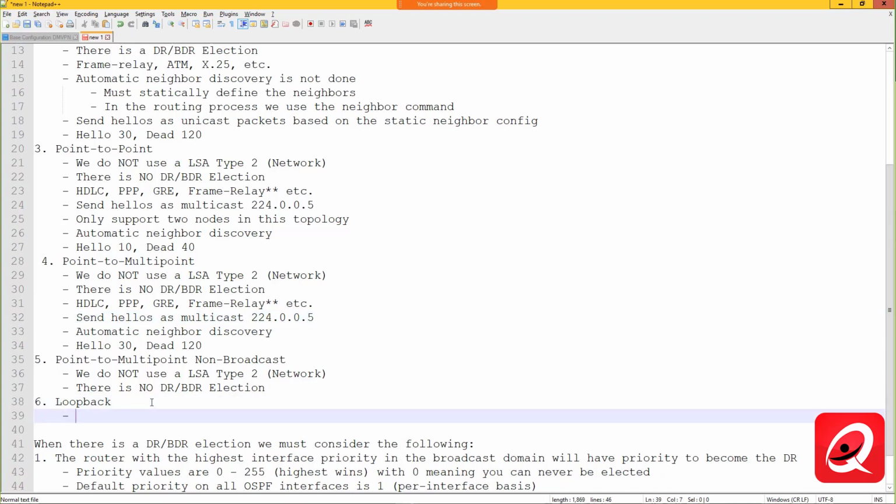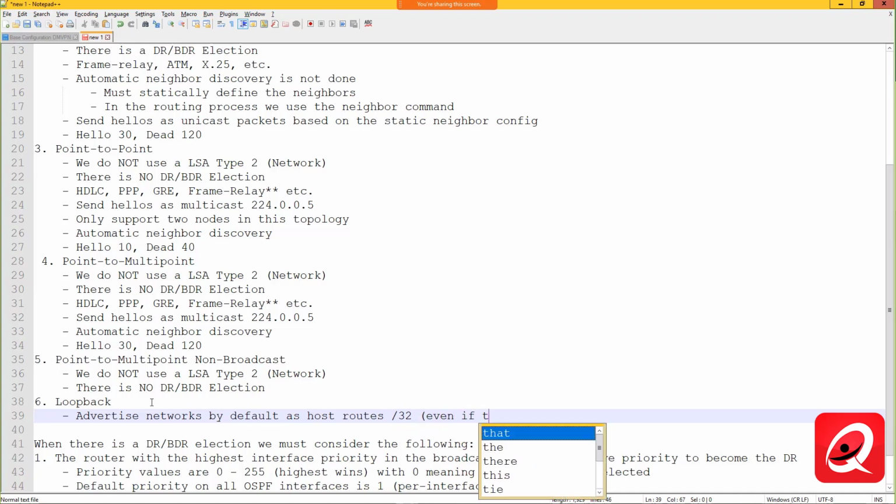Loopback, that's pretty simple. We don't really need to talk too much about that. We simply advertise networks by default as host routes. So /32, even if they aren't.